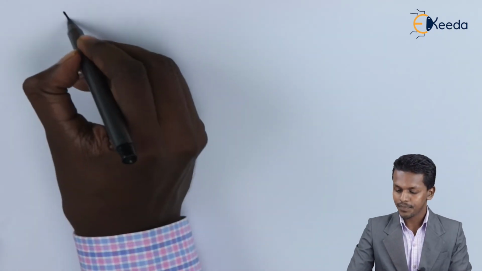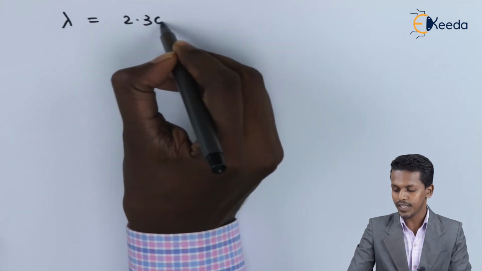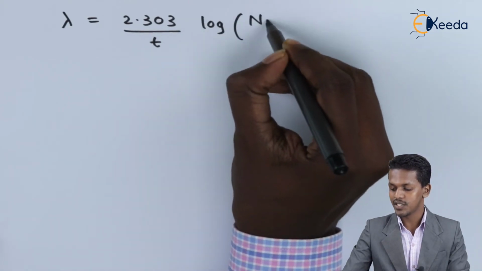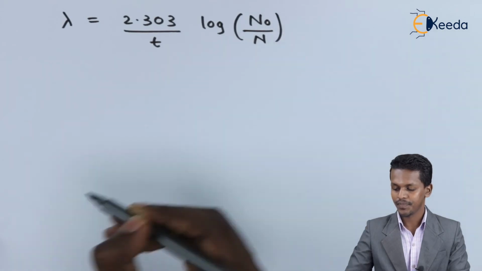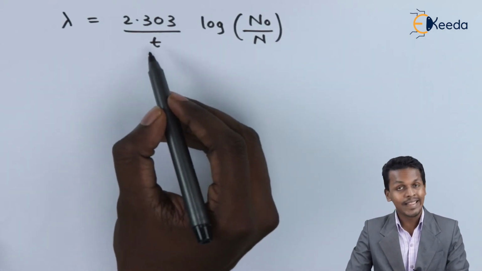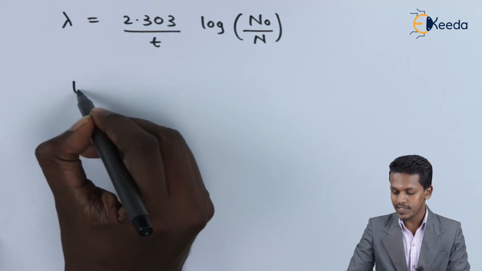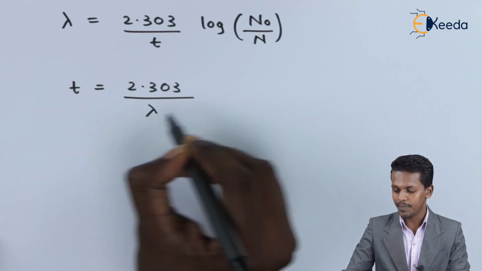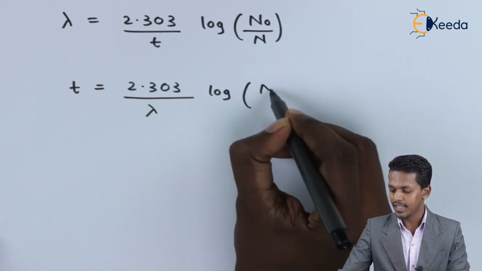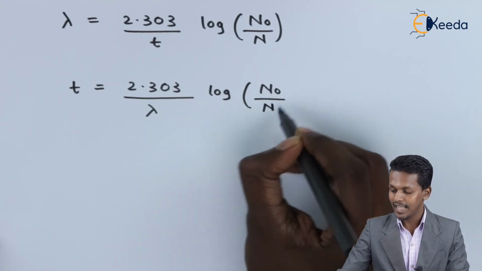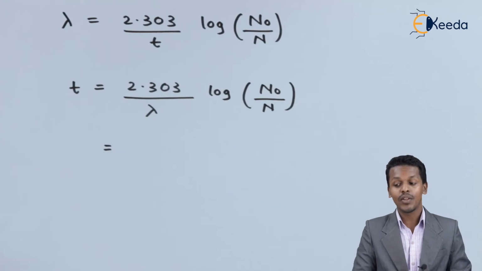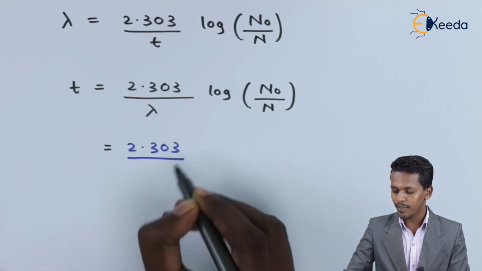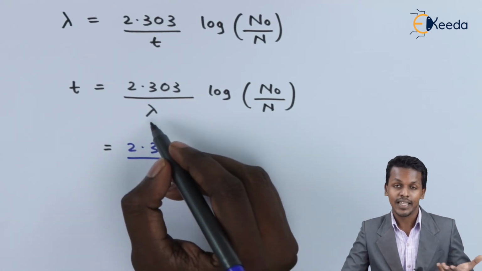We have the formula lambda is equal to 2.303 divided by T, log to the base 10 of N0 divided by N. Since we have to find the time required, I could rearrange this as T is equal to 2.303 divided by lambda, log to the base 10 of N0 divided by N. So let us substitute the values over here.